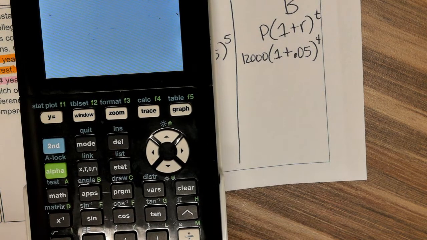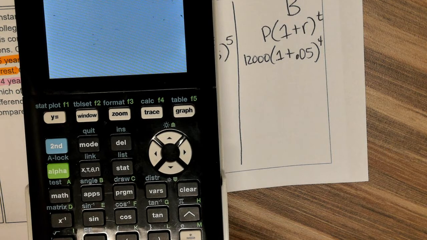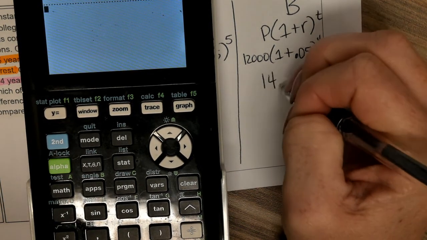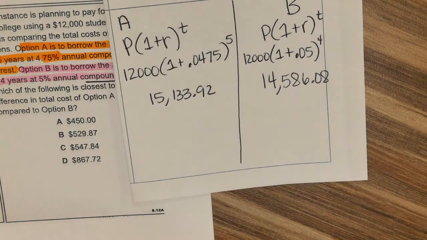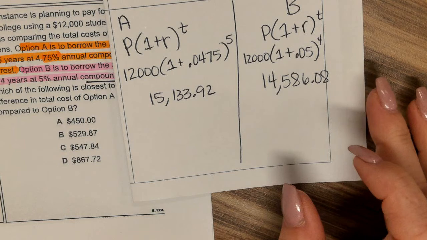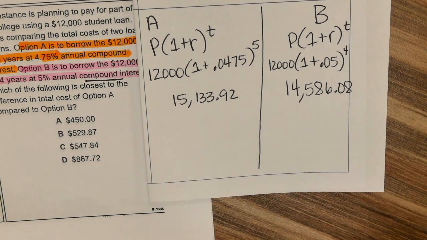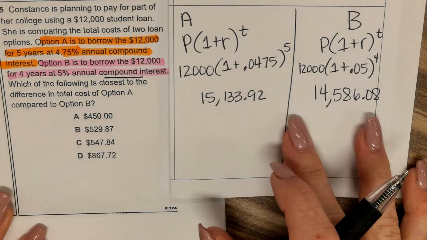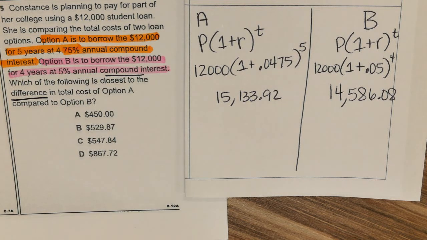Now I'm going to go do the other one. Now that I've done that, I have to figure out what do they even want me to do with these 2 numbers. It says, which of the following is the difference? What does difference mean?